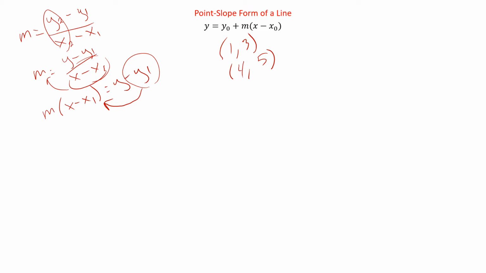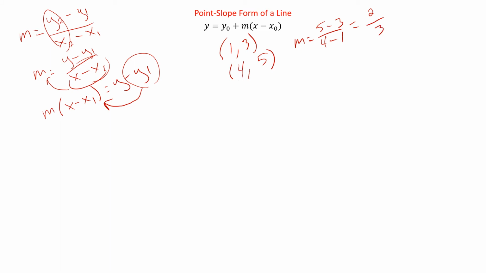The slope's going to be y minus y over x minus x. So we'll go 5 minus 3 over 4 minus 1. Remember, it doesn't matter which order you go in, as long as you're consistent. Since we went 5 minus 3, we had to go 4 minus 1. We couldn't go 1 minus 4. So 5 minus 3 is 2, 4 minus 1 is 3, so our slope is 2/3.